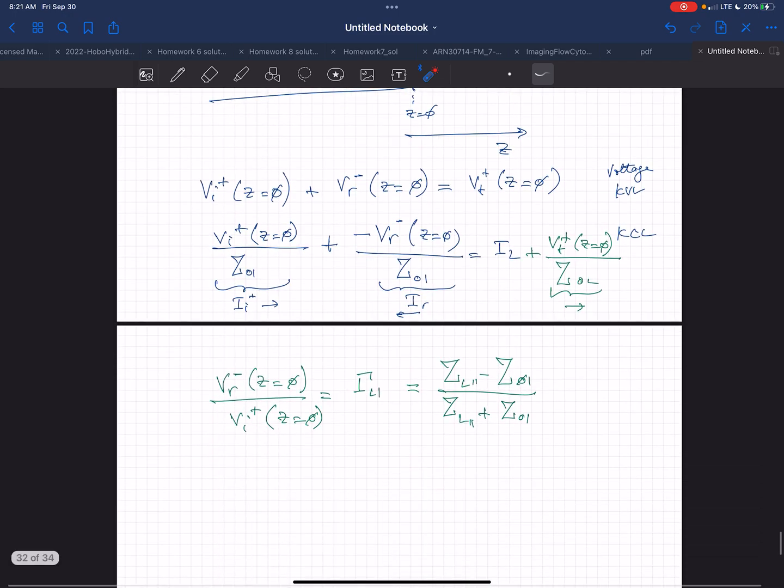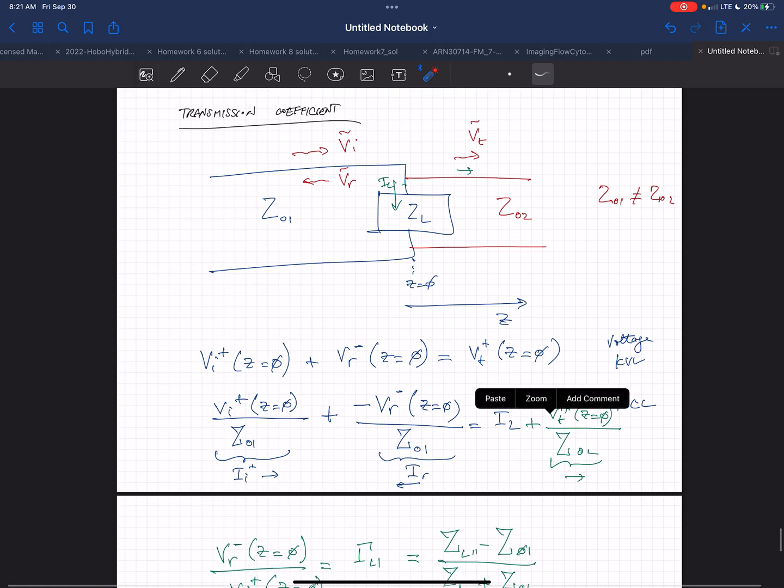Good? Yes, Jasmine. Can you go over what VI, VR, VT are? Sure. We started off with a semi-infinite transmission line, remember? The source is somewhere back here and it launched a waveform in here. VI is what we were calling V0 plus before.